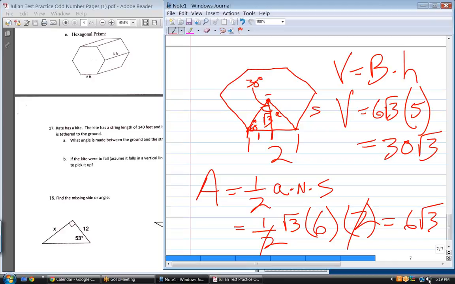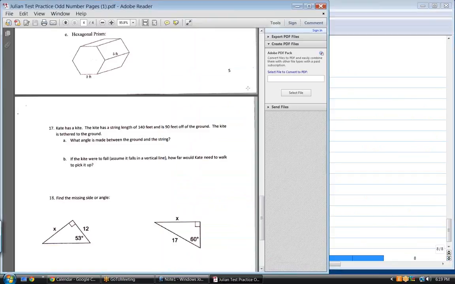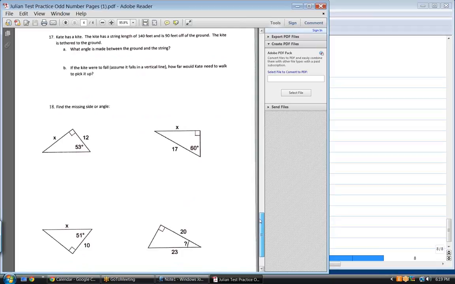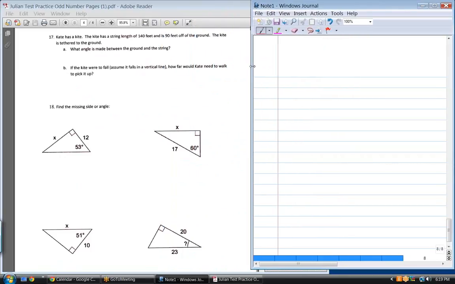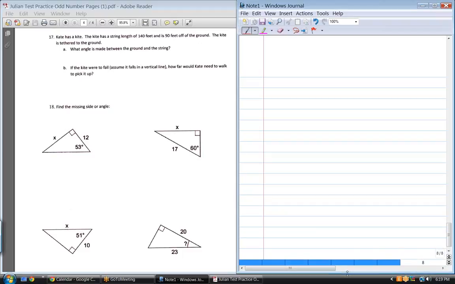You know this stuff. When you answer something that you know, don't put a question mark at the end of it like you're doing. When you say 30 root 3, it makes me think that you don't really know it, and I really think you do know it. Having a little more confidence in your answer actually goes a long way.